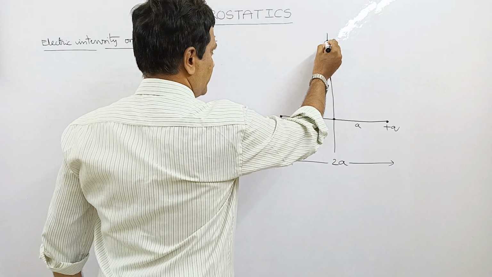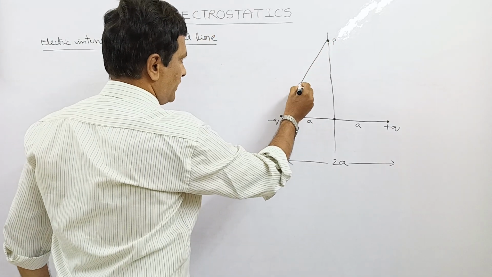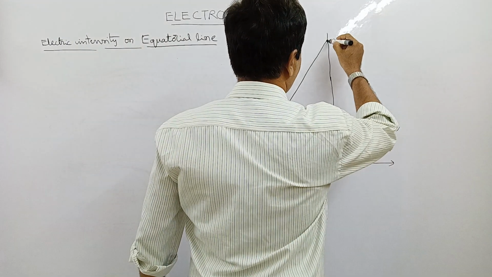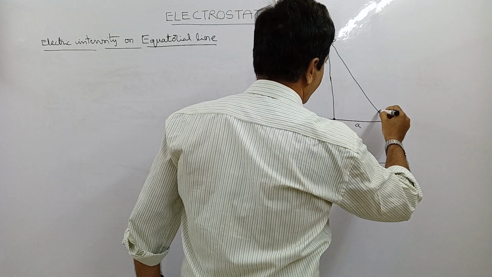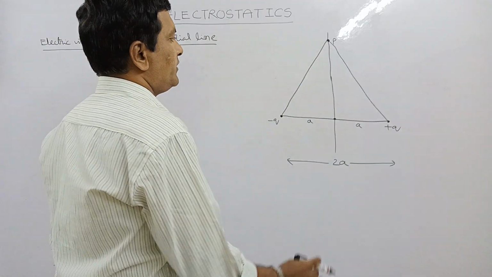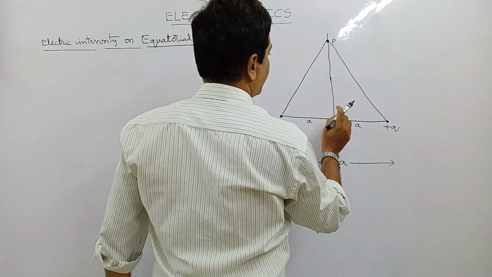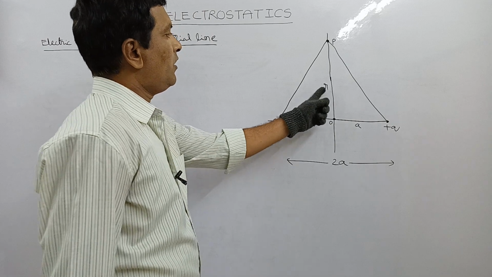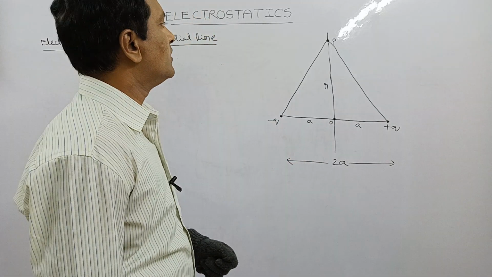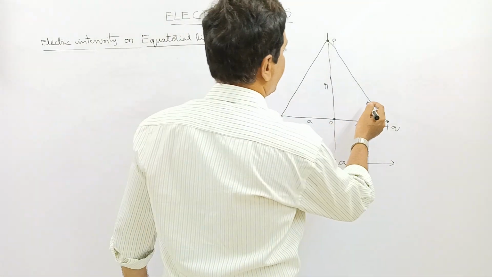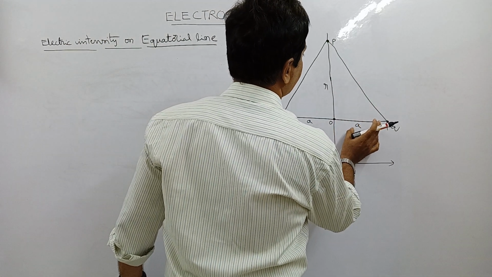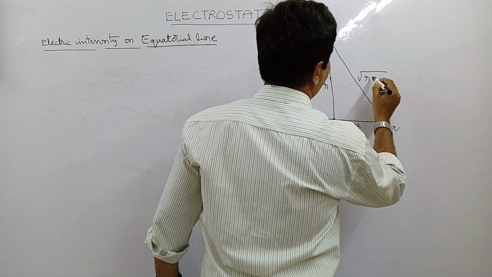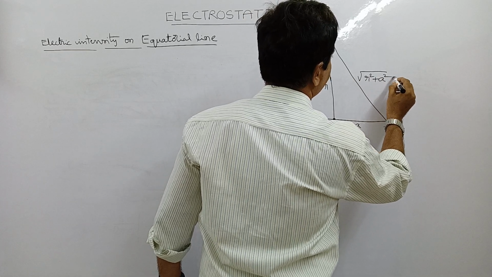What is the direct distance between point P and the charge minus q, and between point P and the charge plus q? If the distance between the point and the center of the dipole is r, and this is a, then by the property of a triangle, with this base and height, the hypotenuse is the square root of r square plus a square.